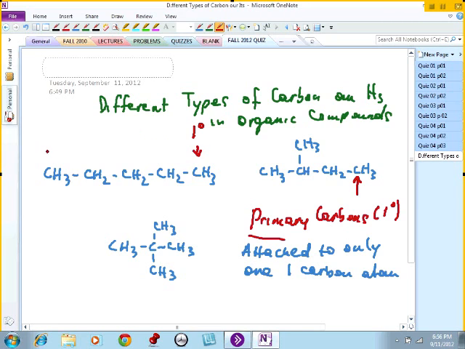Primary. And this? Primary. Very good. What we are doing now is teaching you some of the organic chemistry language. After a while, we're going to be talking organic. What kind of carbon is this? Primary.